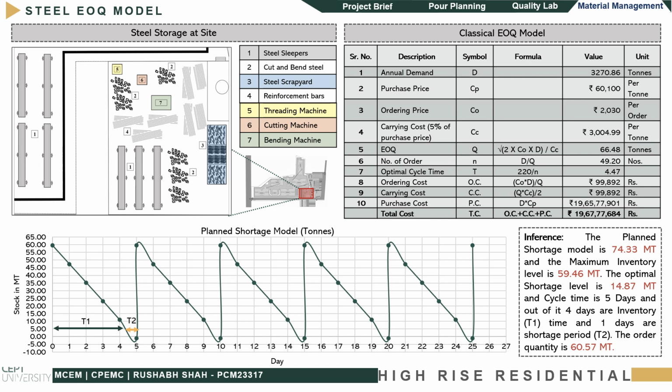After this, we have the classical economic order quantity model, in which we compute the annual demand for steel as 3270.86 tons. This 3270.86 represents the steel's 9-month demand because our project began 9 months ago. We made various assumptions for our EOQ model.